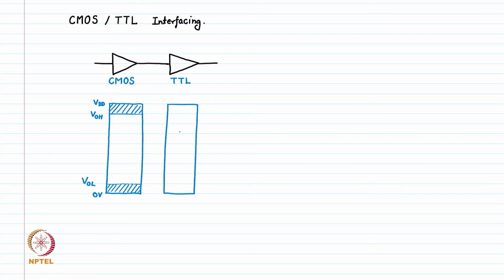However, TTL, which is a skewed circuit, so this is typically 0 volt, this is VDD.